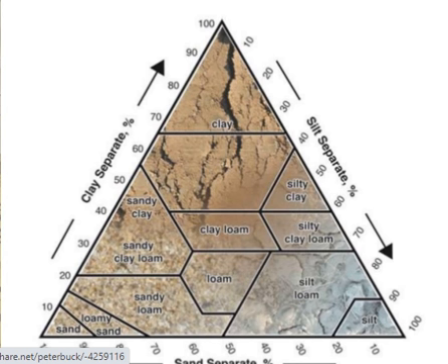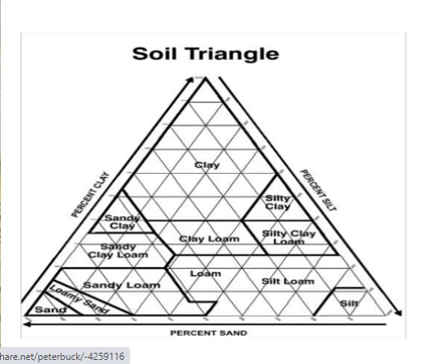It is known as the soil textural triangle for determining your exact textural class. It is very useful for practical purposes, representing the texture of the soil.